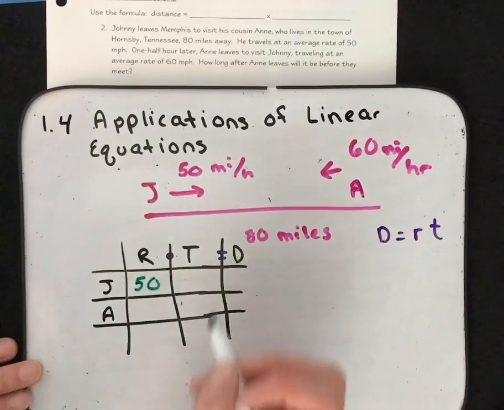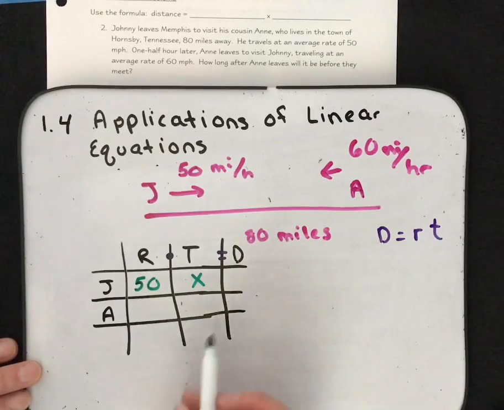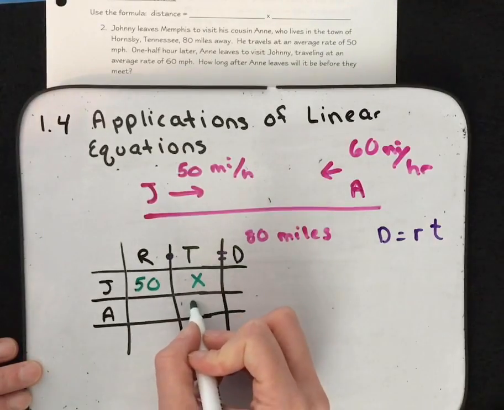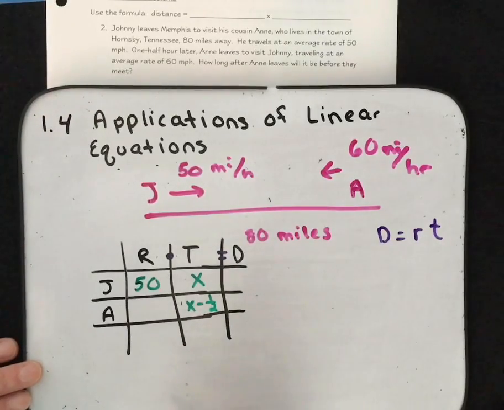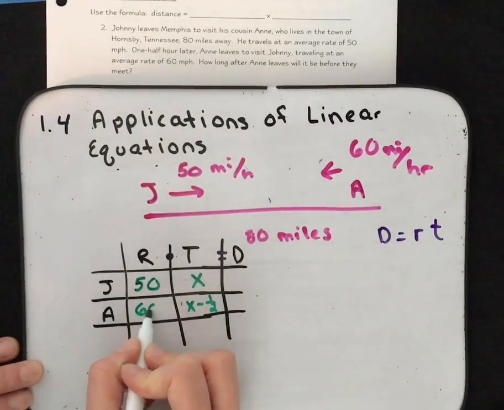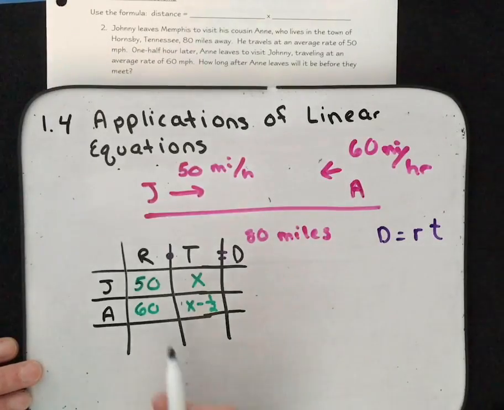We don't, but we could call his time x. And if Ann leaves 1/2 hour later, then whatever the total time is, minus 1/2 hour, will give us Ann's time. Ann travels at an average rate of 60 miles per hour, so we know Ann's rate is 60. How long after Ann leaves will it be before they meet?